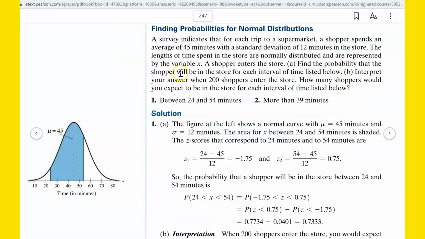Part B, interpret your answer when 200 shoppers are in the store. How many shoppers would you expect to be in the store for each of the intervals of time listed below? So if you've got 200 shoppers, how many would spend between 24 and 54 minutes? Well, since you've got the percent or probability of that, just multiply the 200 total by the probability of being between 24 and 54.